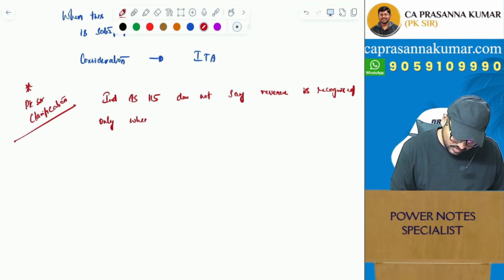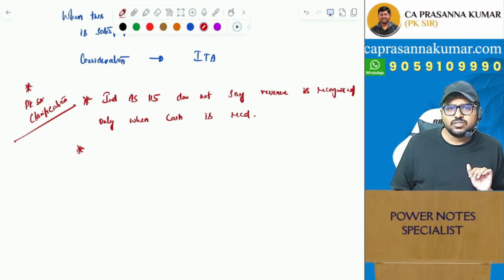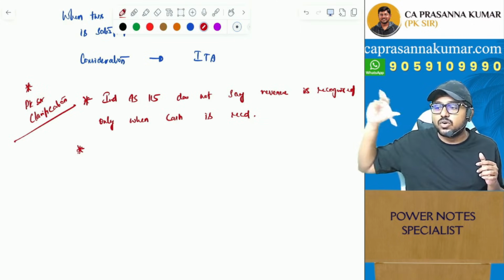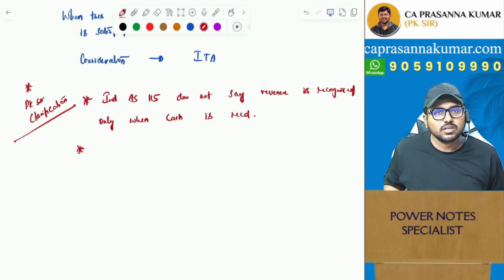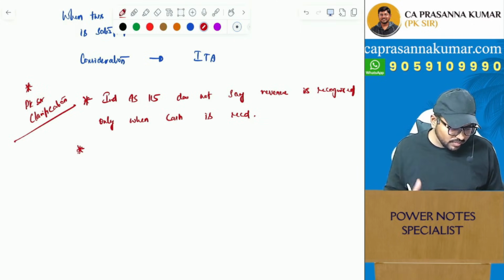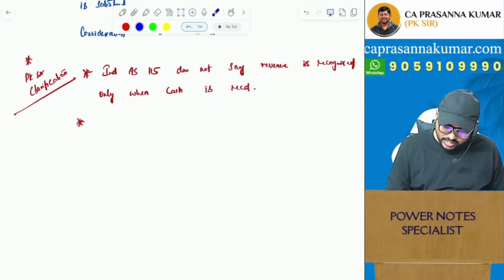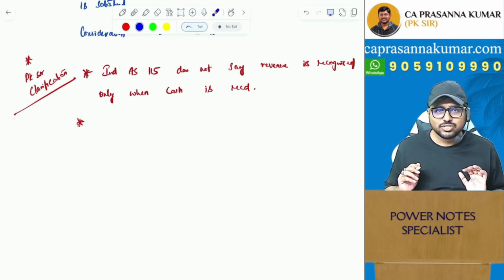No. There is no rule in Ind AS 115 that you have to recognize revenue only when cash is received. Non-cash consideration is accepted. In fact, we have gone through a concept with a heading called non-cash consideration. How can you forget that? So consideration always need not be cash. So there is no link between revenue recognition and getting cash.